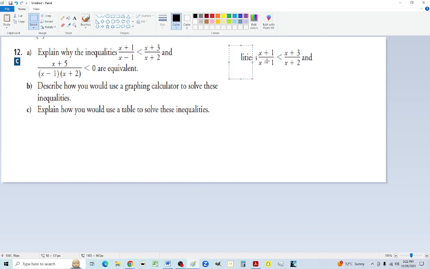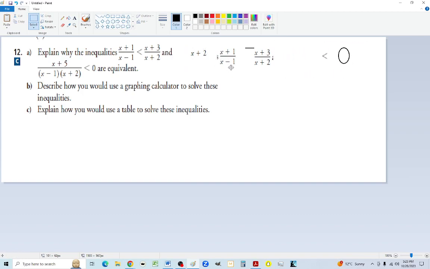So we've got to subtract from both sides. Okay, 0 now. And to put it over the same, we sort of have to cross multiply. This times this.